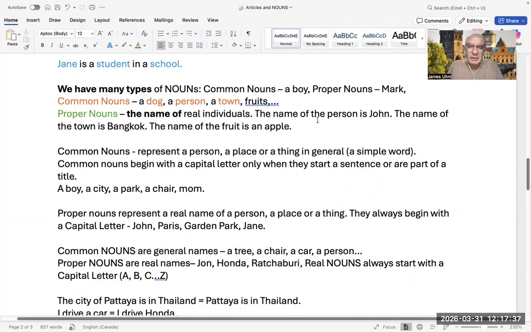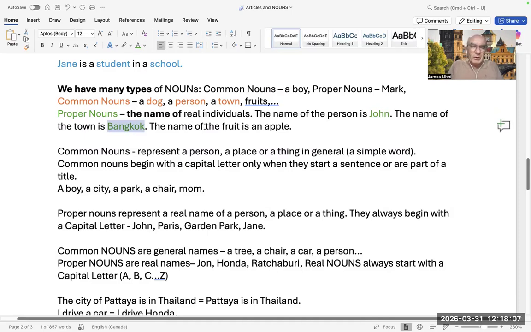Let's talk about how it works. The name of the person is John. So John is a proper noun. The name of the town is Bangkok. That is a proper noun. The name of the fruit is an apple. That is not exactly as it's supposed to be, and we'll change it.